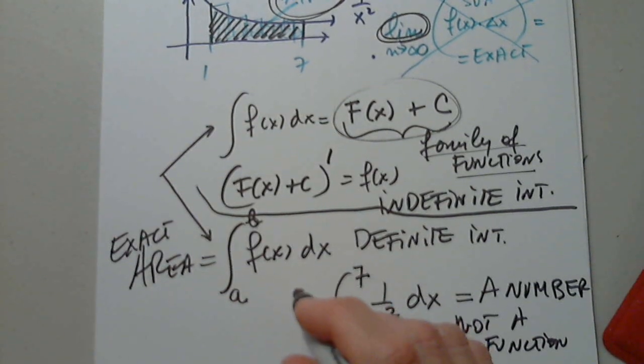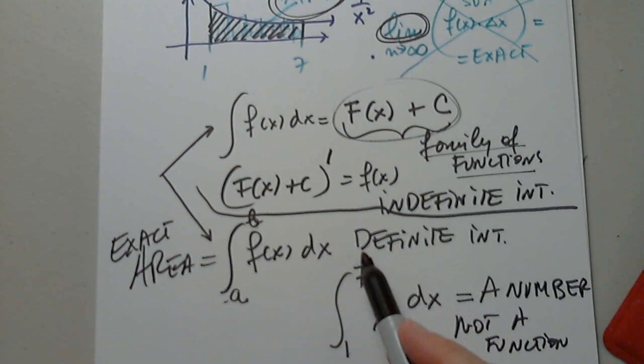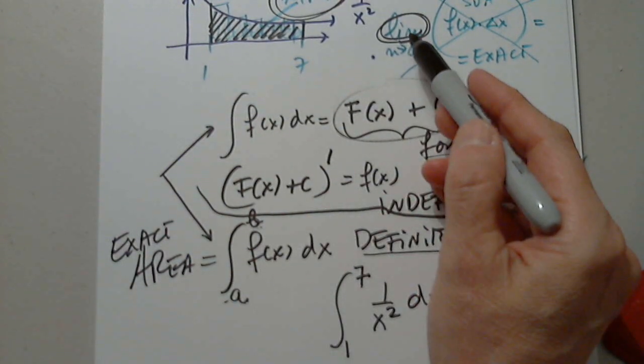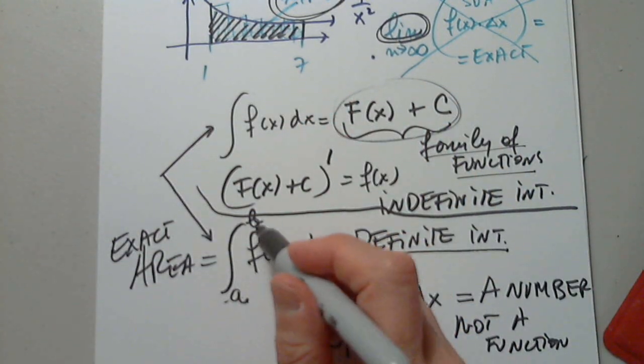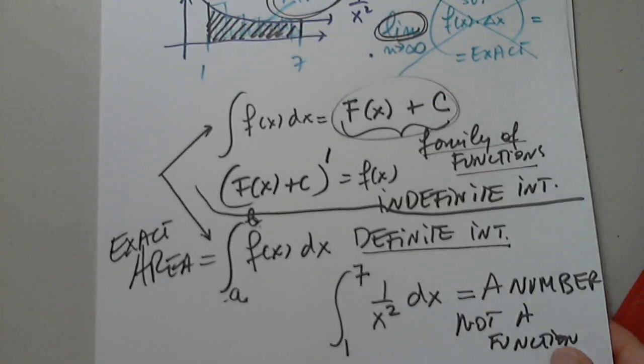This one is exact, and it's the exact area, and it's a number, and it's called a definite integral. It has limits of integration, not limit, L-I-M, no, no, limits of integration. It starts here and it ends here. Now, can I determine this? Yes, I can. Exact? Yes.